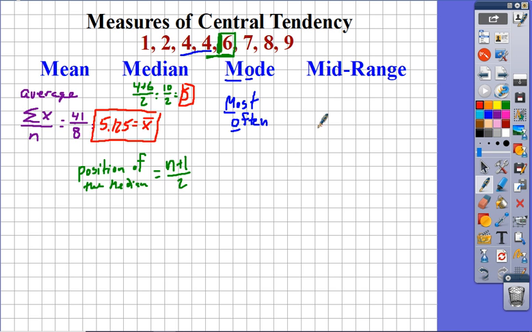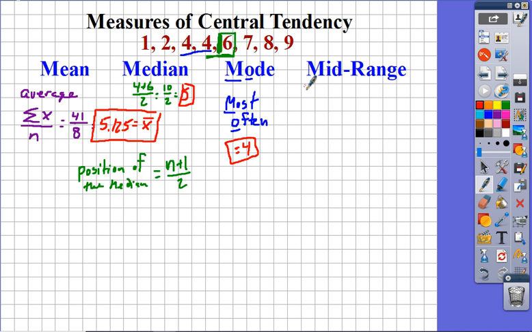So in this case, the most often, or the mode, would equal 4. That's another measure of the center. It's the one that's occurring most. And it's not necessarily in the middle, it's just the one that's occurring most frequently. Now, back over here to the median. If you think about the word median or middle, kind of like the median of the road, that's the middle of the road, that's what the median is. It's the middle number when we put our numbers in order.